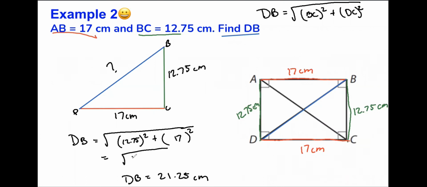And I know it's 451.5625. It's a big number. From here, we take the square root of that, and it's going to give us 21.25 centimeters long. So in this case, yes, I'm going to continue and leave it how it is. All right, centimeters.